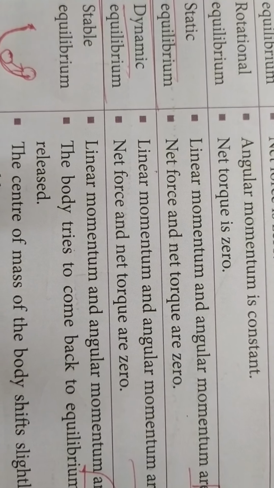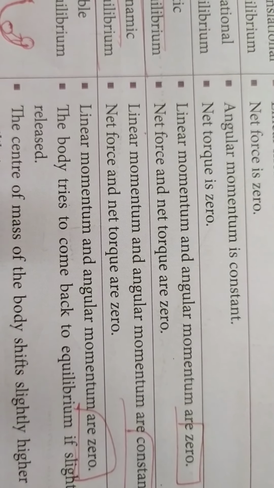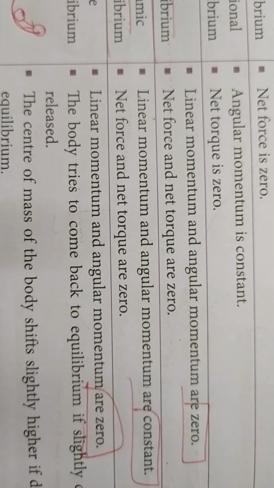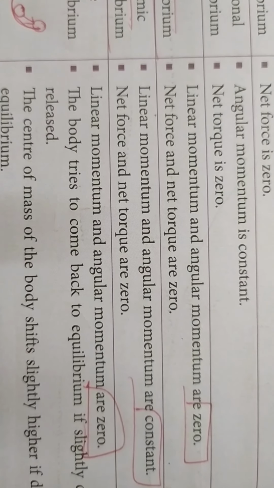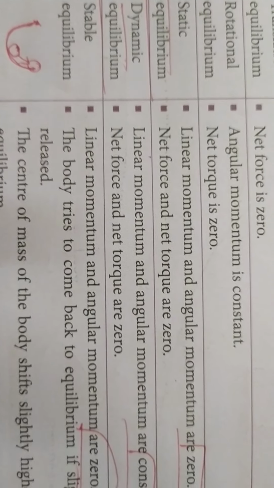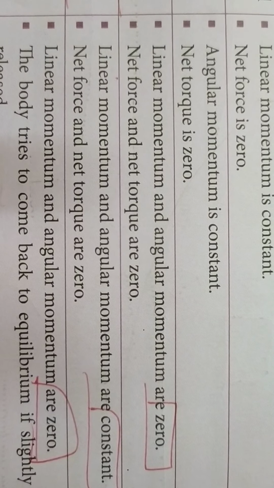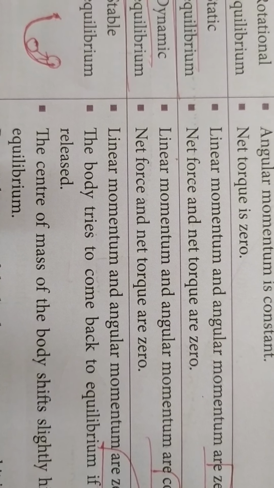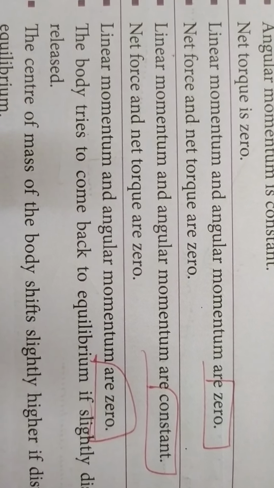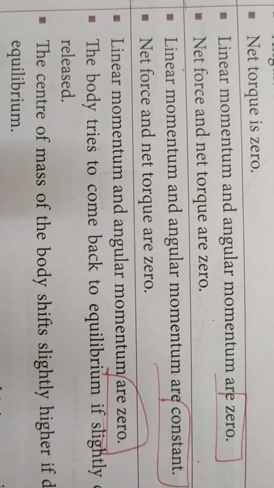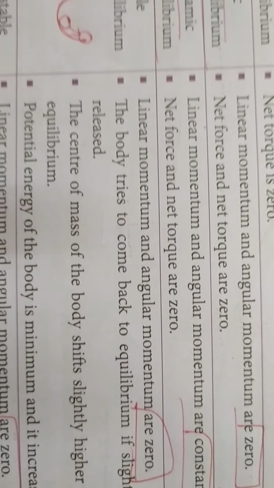Static equilibrium means linear momentum and angular momentum are both 0, and net force and net torque are 0. Static means at rest, so both momenta become 0. Whereas in dynamic equilibrium, the body is moving but is in equilibrium, so linear momentum and angular momentum are constant, and net force and net torque are 0.